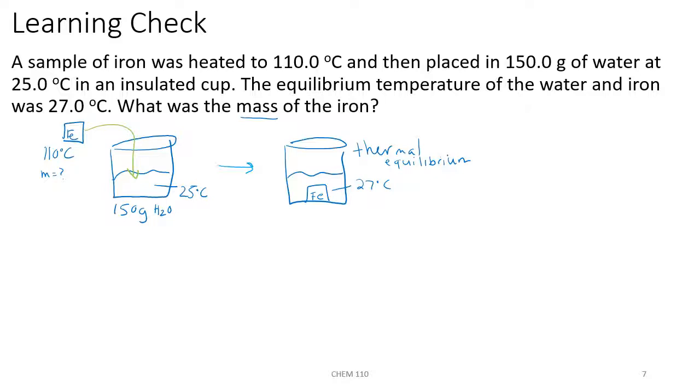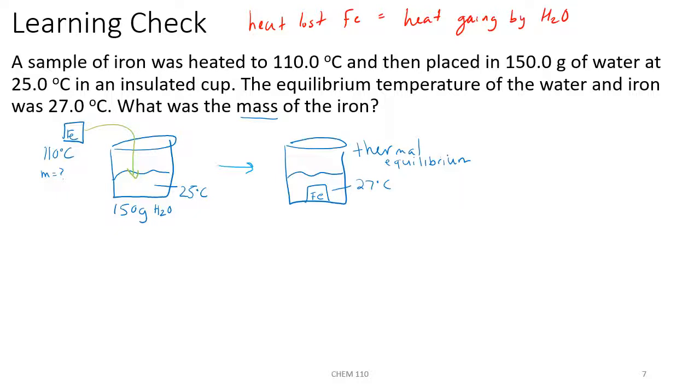So we know our T final of the water and the metal is both going to be the same at 27 degrees Celsius. We can use the fact that the heat that was lost by our iron will be equal to the heat gained by the water.